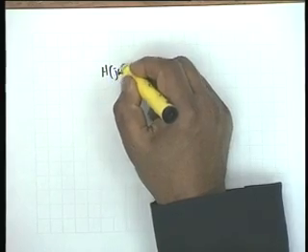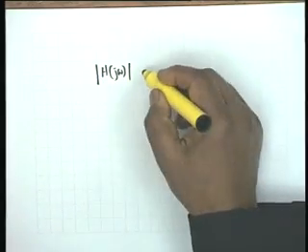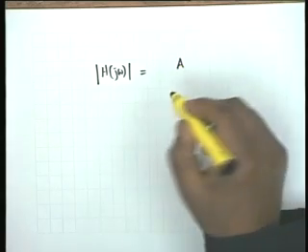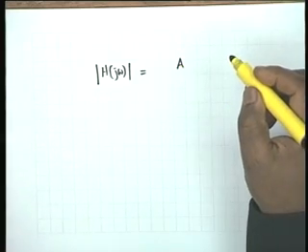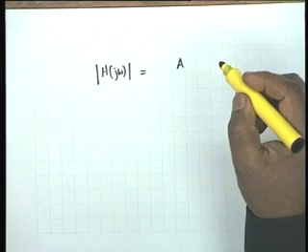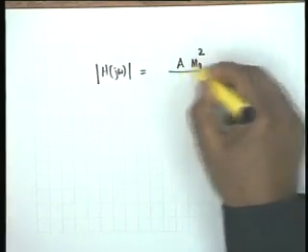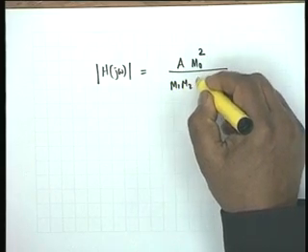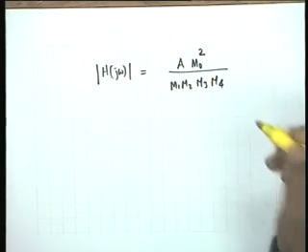The major deviation in working this example shall come in calculating the value of the maxima. Here the magnitude of h of j omega shall be A multiplied by the zero vectors drawn from the zeros, and there are 2 of them now, not 3. Therefore it would be m0 squared divided by all the 4, m1, m2, m3, m4. Agreed?